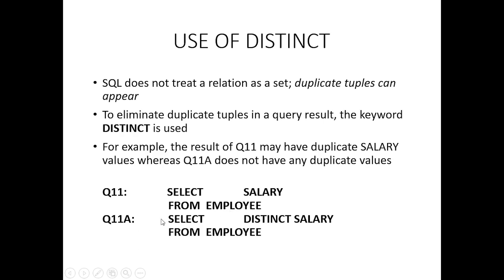But Q11A, select distinct salary from employee, will eliminate duplicate salary values from the query result. We will be getting only distinct salary values if you use this distinct keyword.